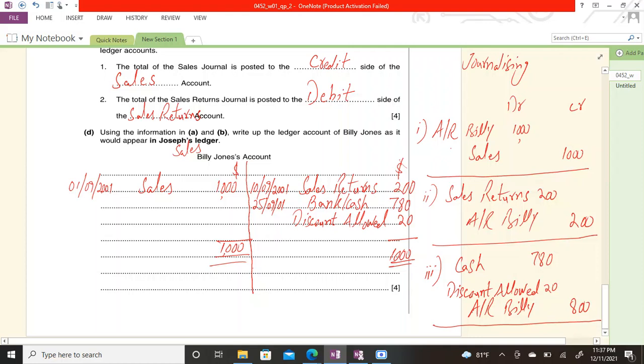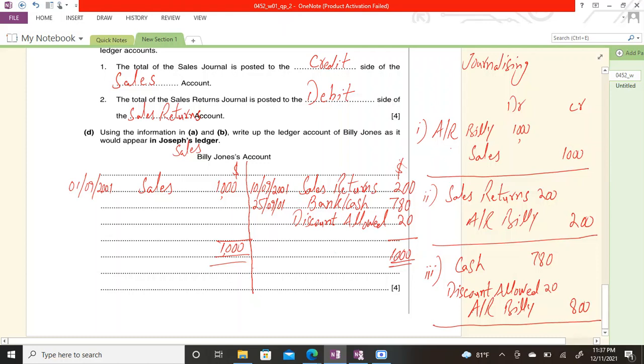And in the last entry, account receivable Billy is again credited with the full amount 800, but this amount has a discount as well, because 780 is received in cash or by check, and $20 is the discount offered by the seller. So that's why we have recorded here 780 and $20.